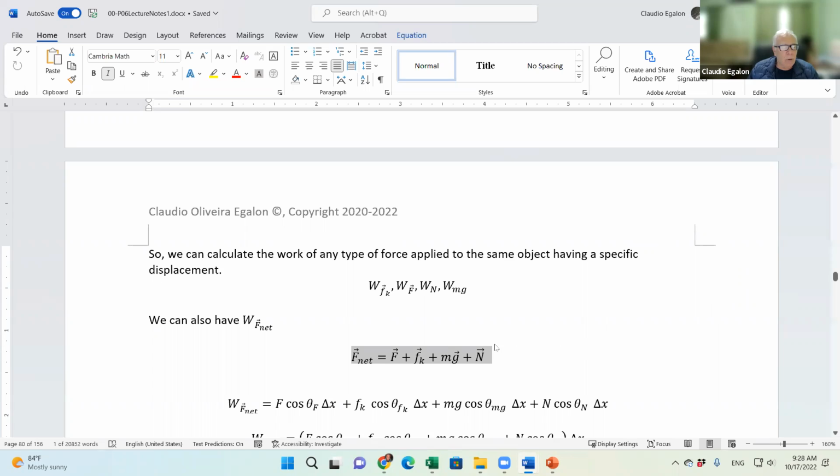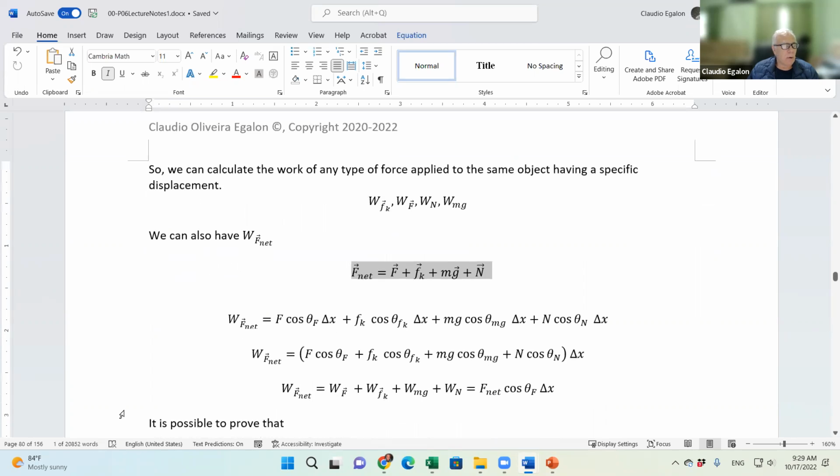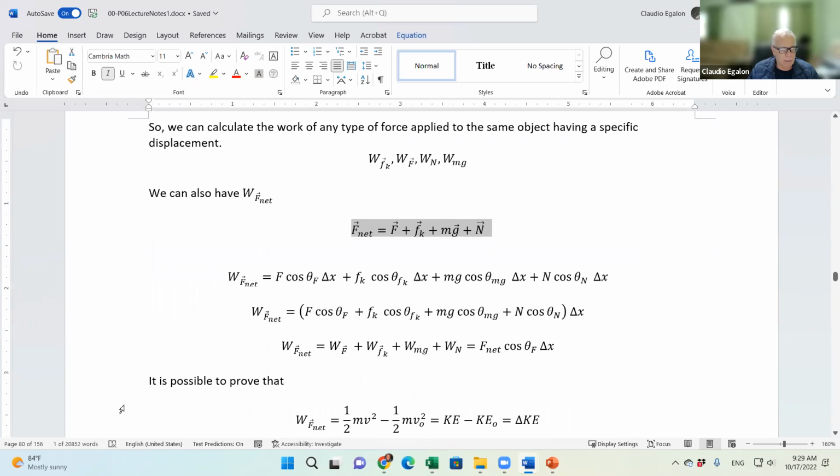The work done by the net force can be a predictor of the velocity of the car, and it's also related to a special type of energy that we call the kinetic energy. Let me tell you how it goes.